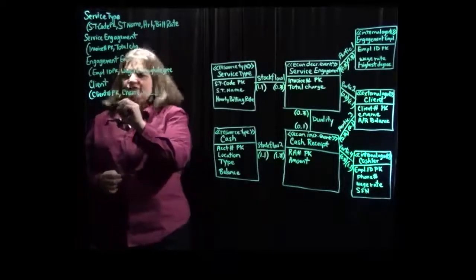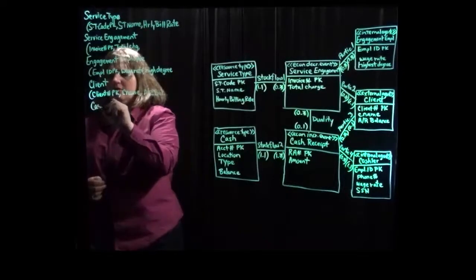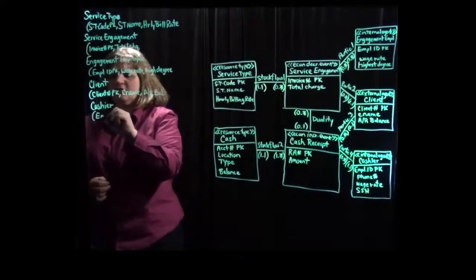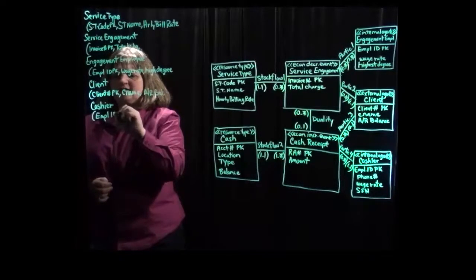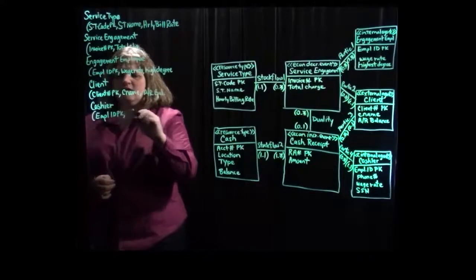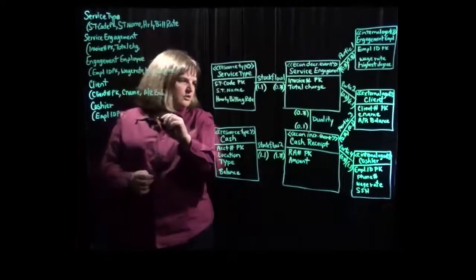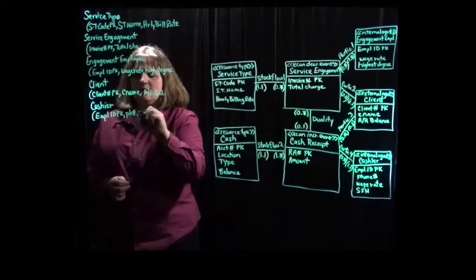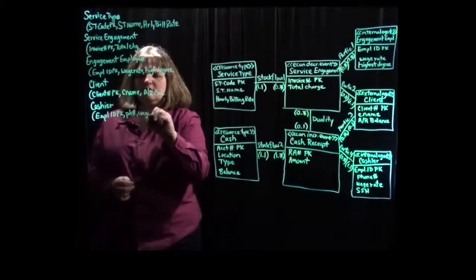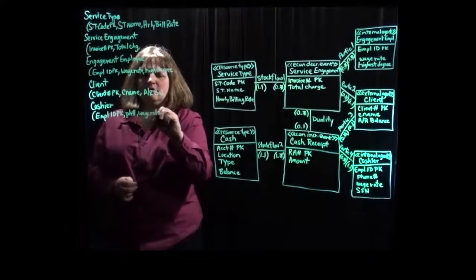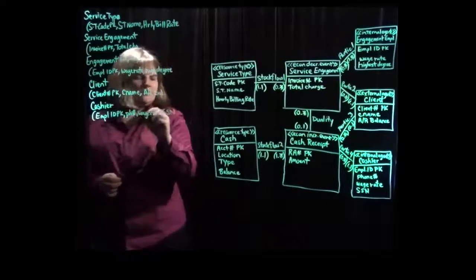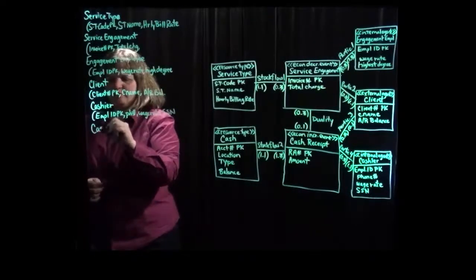Next we have our cashier. Our cashier will keep the employee ID as the primary key. We'll also track their phone number, their wage rate, and their social security number. Next we have our cash receipt table.